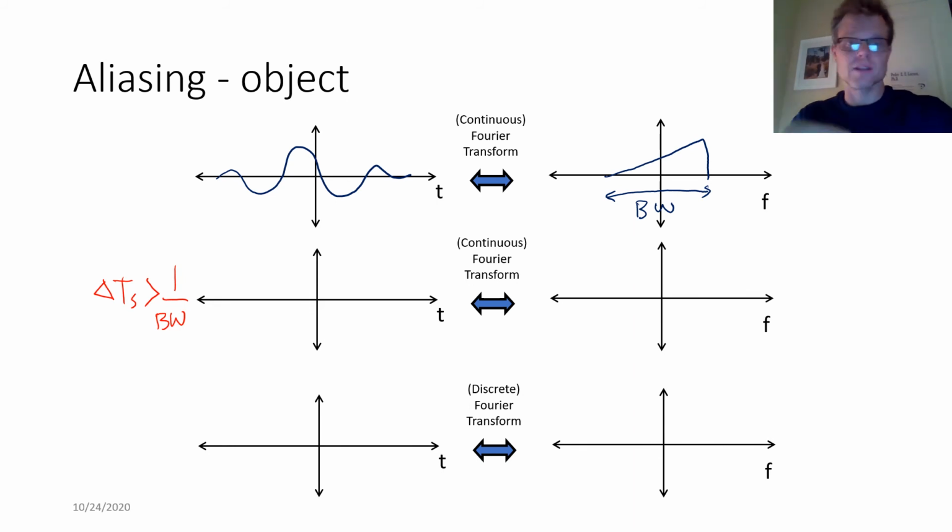So what does that mean in this interpretation of the sampling theory? That means when we create the repetitions of this object, they're going to be centered around 1 over delta Ts, which is going to be less than the bandwidth.